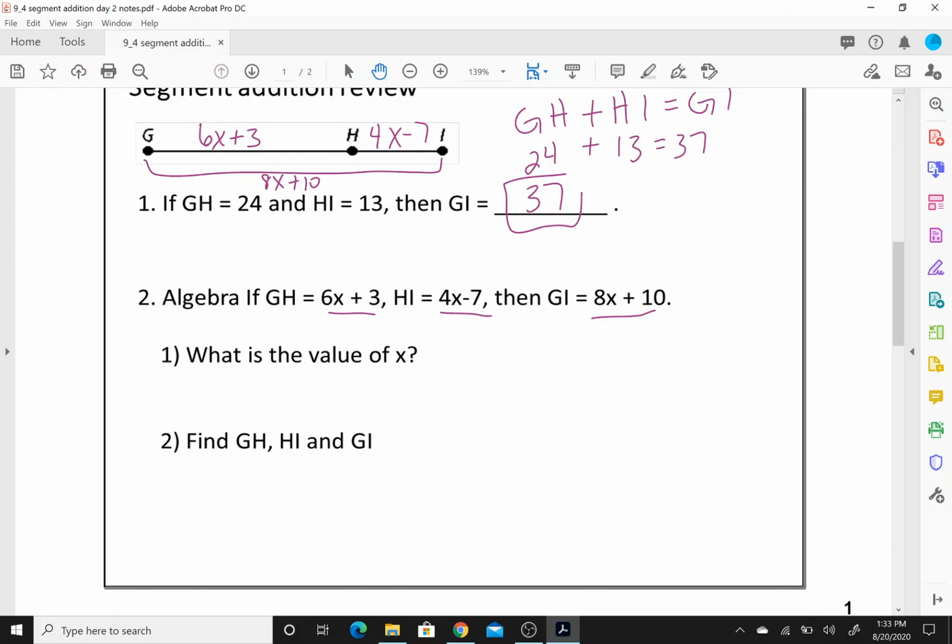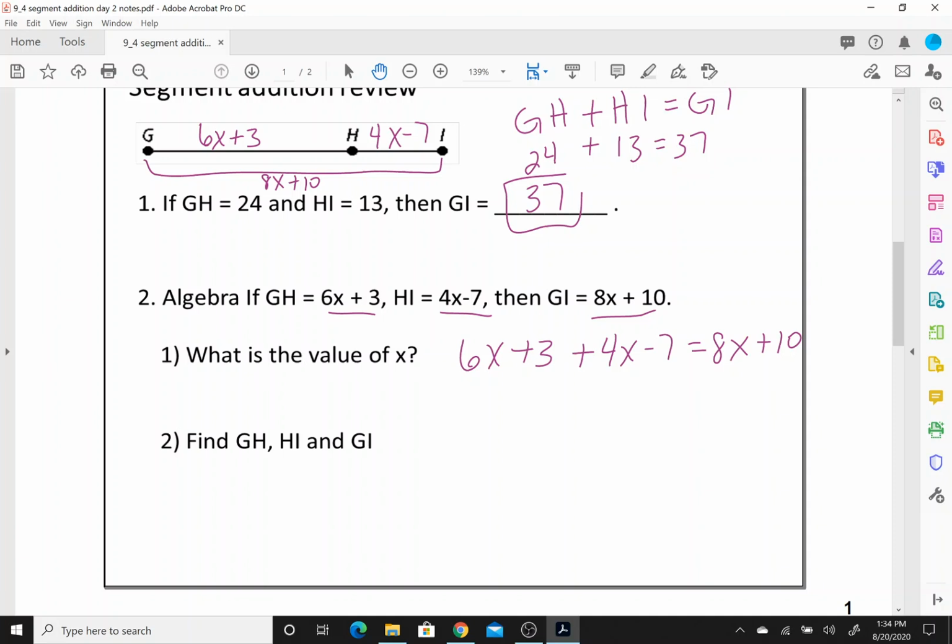So that's what we're going to do: 6x plus 3, that's the GH part, plus, now let's do our HI, 4x minus 7, and that should be equal to 8x plus 10.